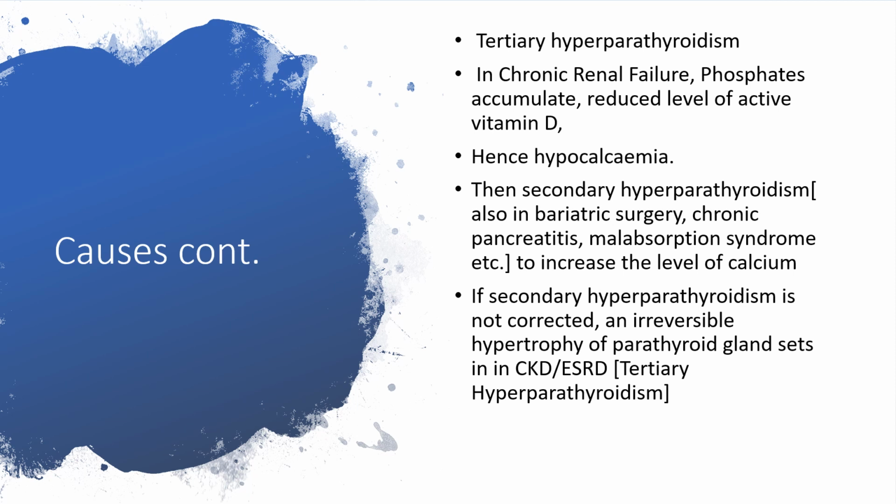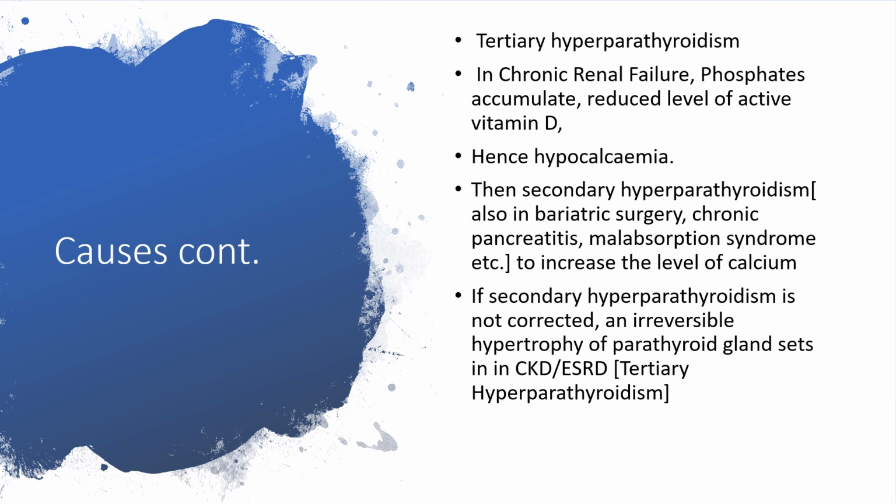When there's hypocalcemia, then there'll be secondary hyperparathyroidism. We can also find secondary hyperparathyroidism in bariatric surgery, chronic pancreatitis, malabsorption syndrome, and so on. All is to increase the level of calcium.